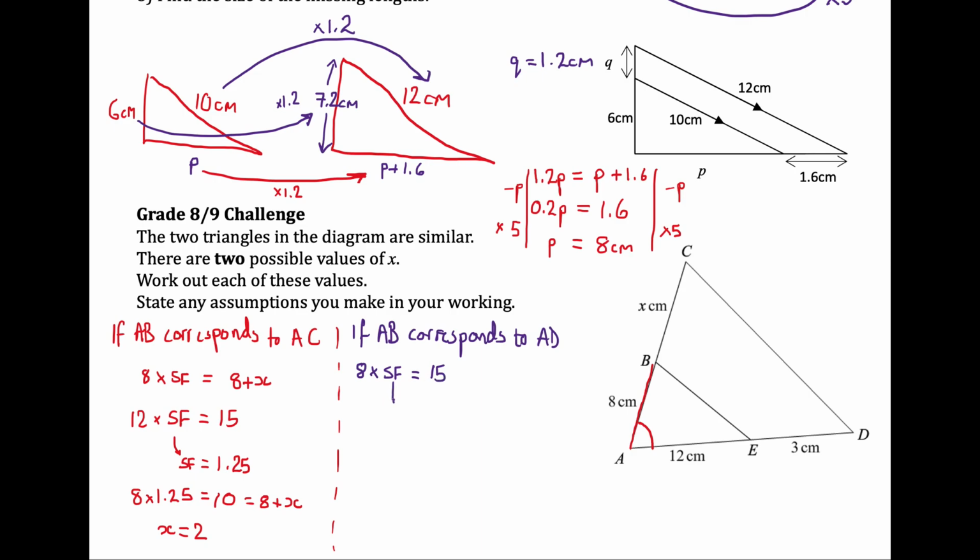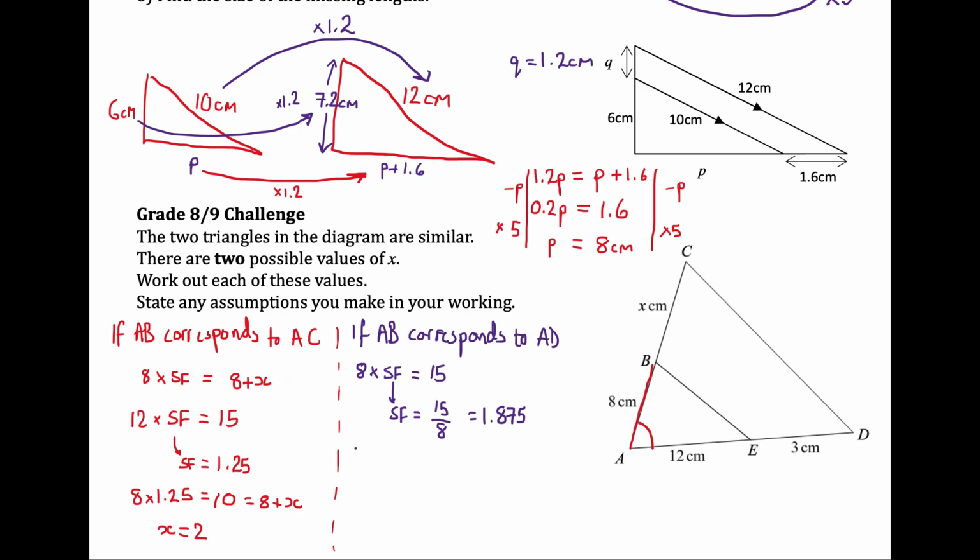And straight away from that we can work out what the scale factor is. So that would be 15 divided by 8, and that's not a very nice number. So what's that? 1 7/8, if we want to use a decimal. Sorry, 1.875. Being completely mixed up.